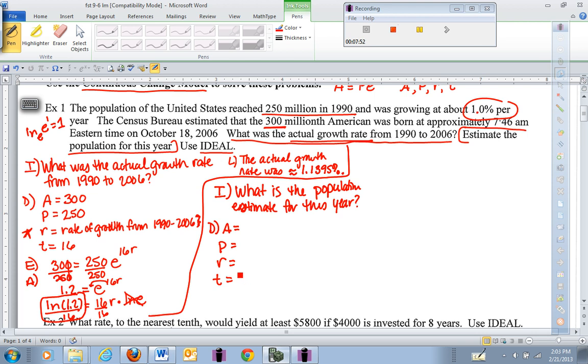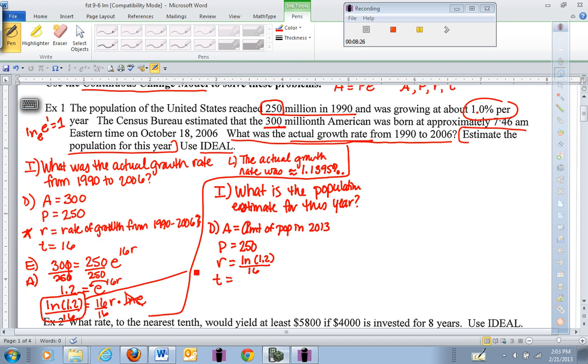So let's start back here at 250 million people. We'll start at 250 million people. We don't know how many people we have right now. Okay, so A is going to be the amount of population in 2013, right? Okay, for the rate, we're going to use the natural log of 1.2 divided by 16.